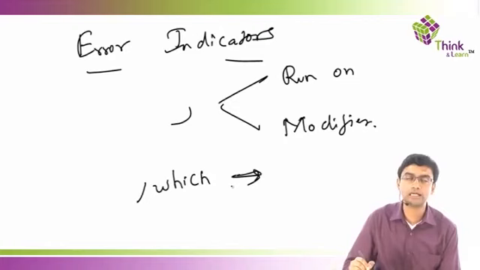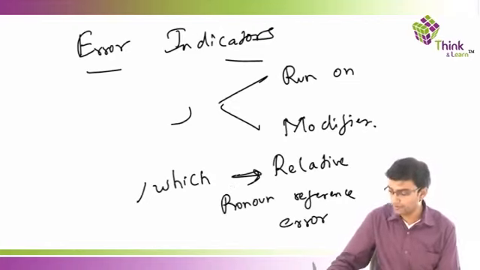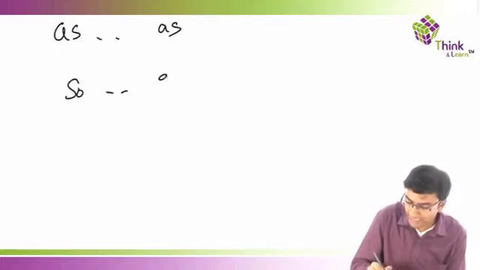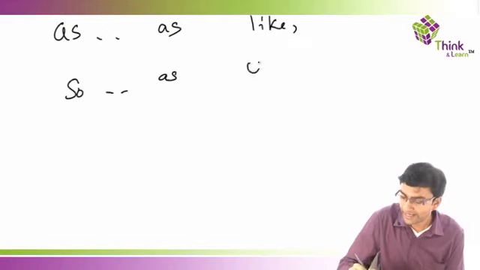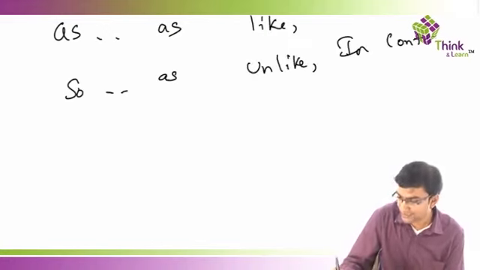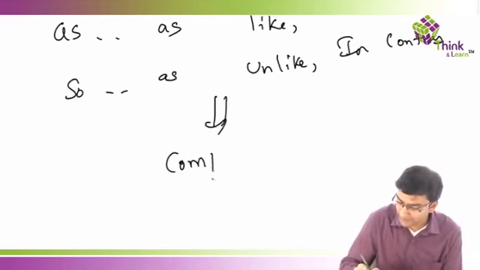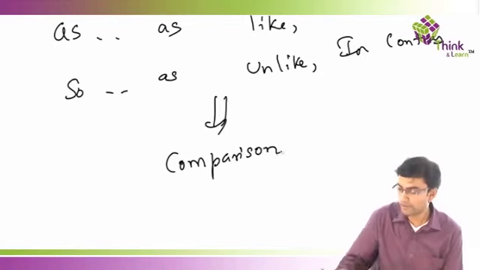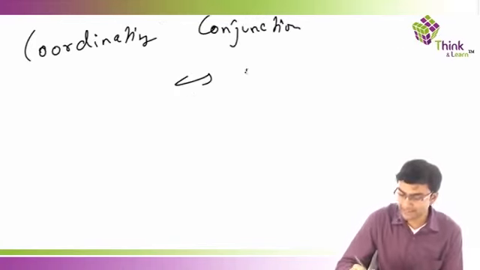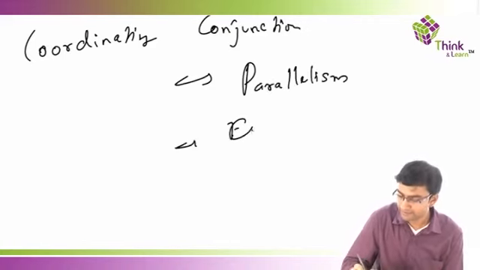Immediately check for relative pronoun reference errors. The moment you see words like as...as, so...as, like, unlike, in contrast, indicators of those words in a sentence, immediately check for comparison errors. And the moment you see a coordinating conjunction, what should you do? Immediately check for parallelism errors, or ellipsis errors.